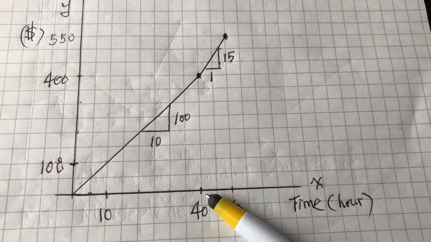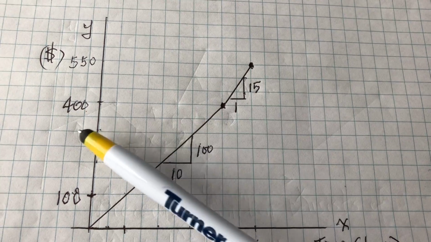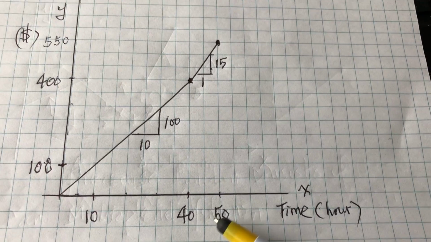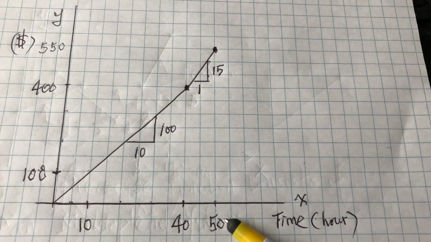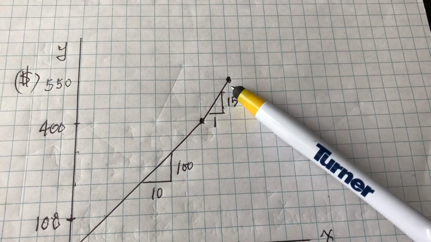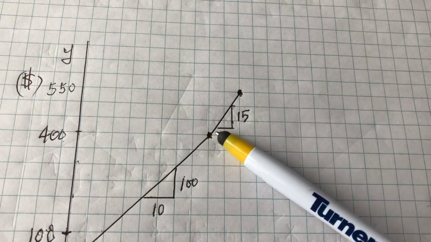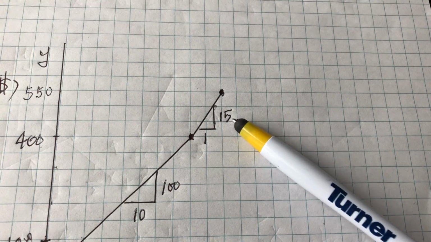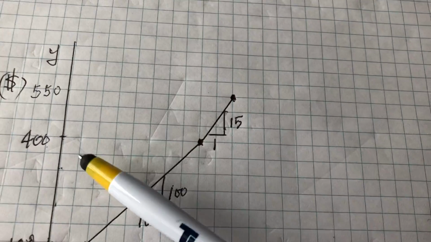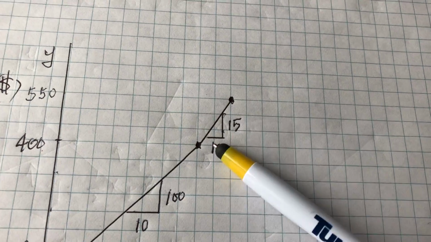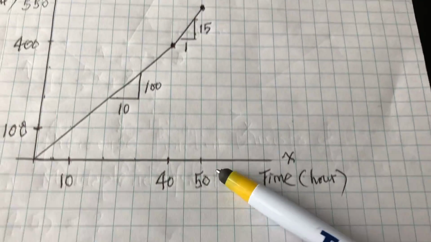And when x equals 40, it gives you $400. And then between 40 and 50, for example, I just stop at 50, it shows it's $15 per hour. It will give you $550 when x equals 50.